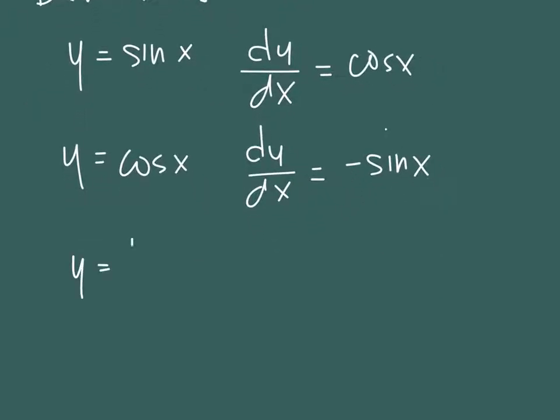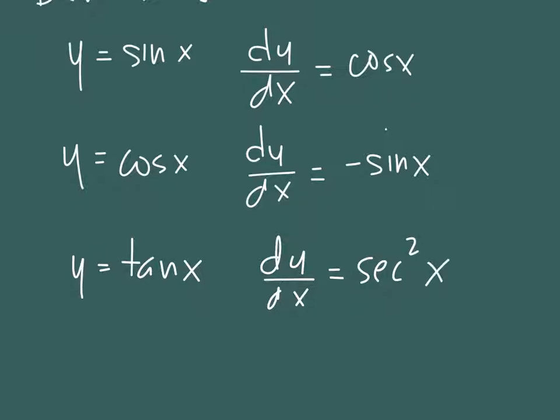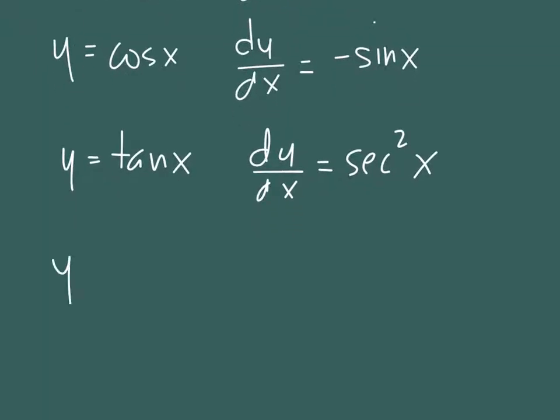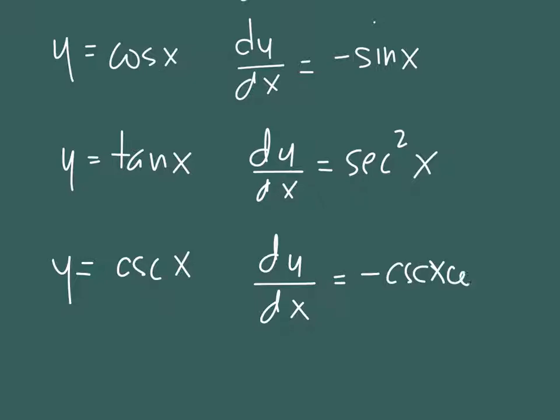Y equals tangent x. The derivative is secant squared x. Y equals cosecant x. Dy dx is equal to negative cosecant x cotangent x.